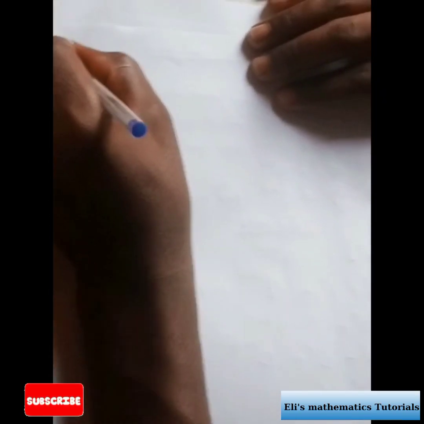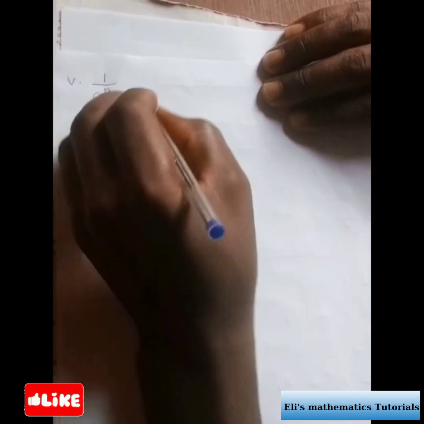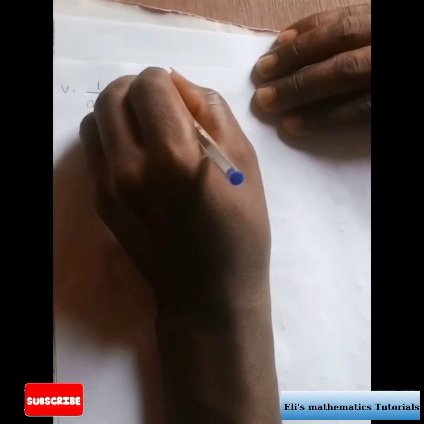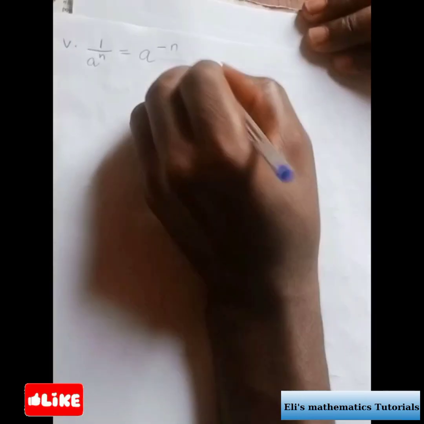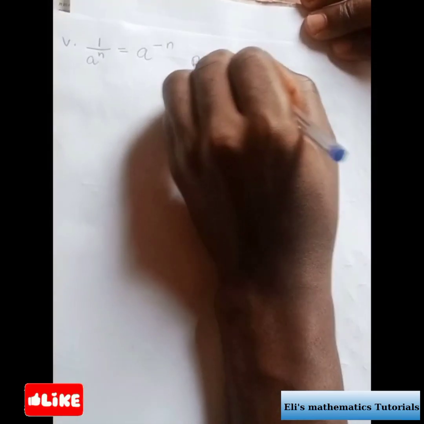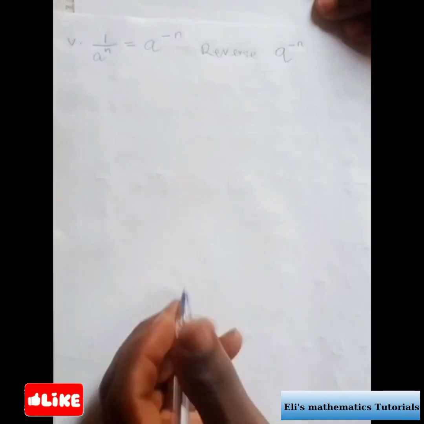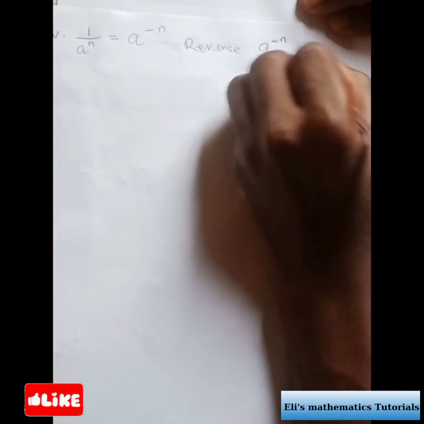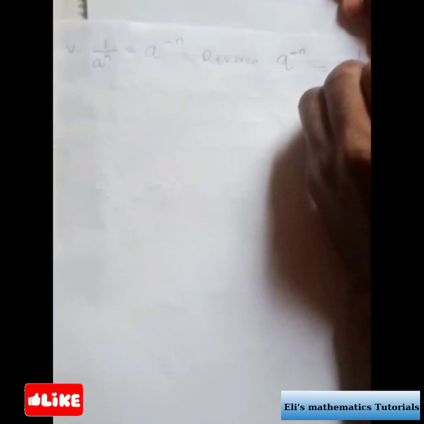Then the last law, which is number 5, 1 all over a raised to power n is equal to a raised to power minus n. I said this can also be reversed, like a raised to power minus n is equal to, take this minus, it becomes 1 all over a raised to power n.